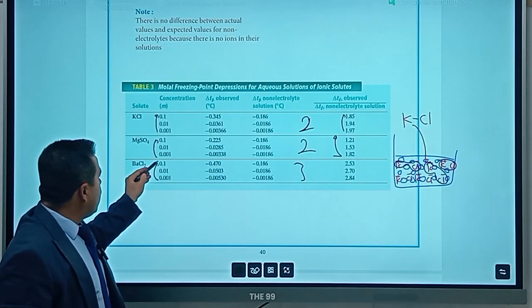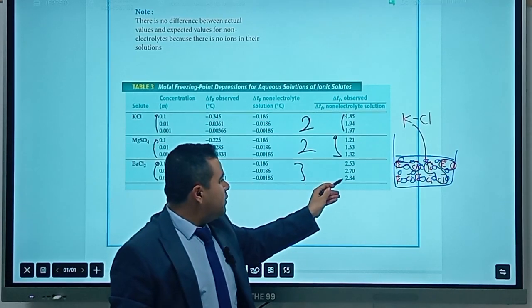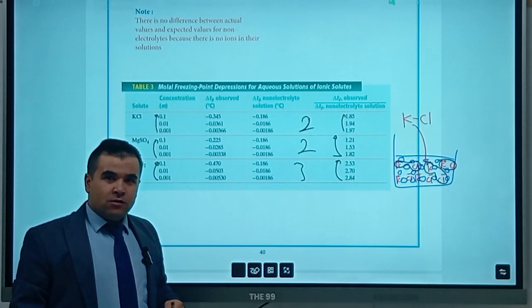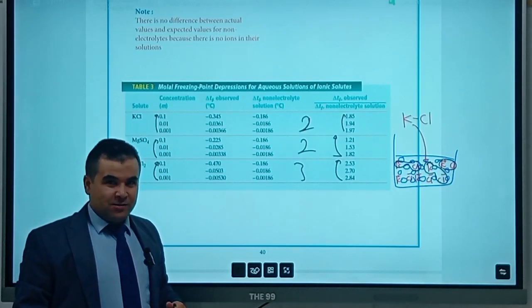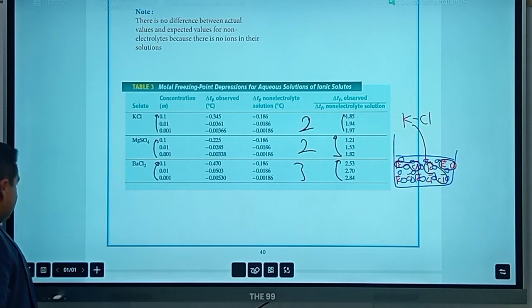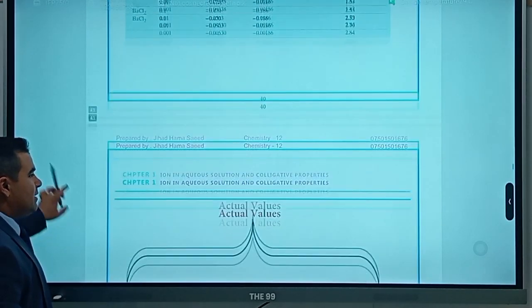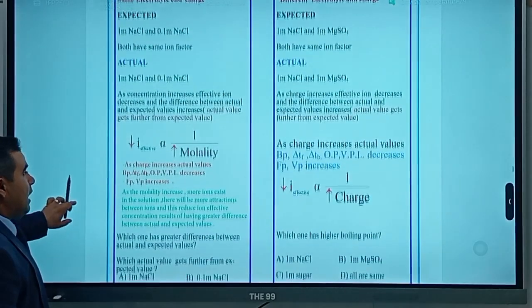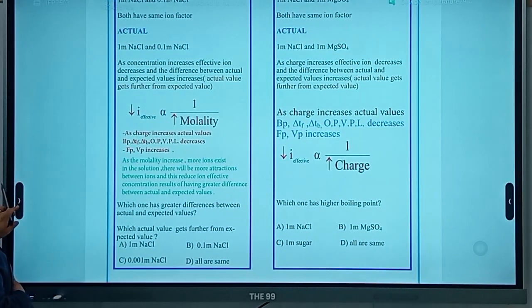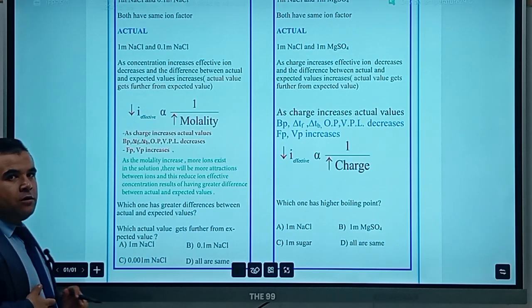But as we increase the molality, what will happen to the actual values? Of course, they decrease. We will be talking about this in detail. What's the reason behind it, as we increase the concentration, what will happen to the actual values?